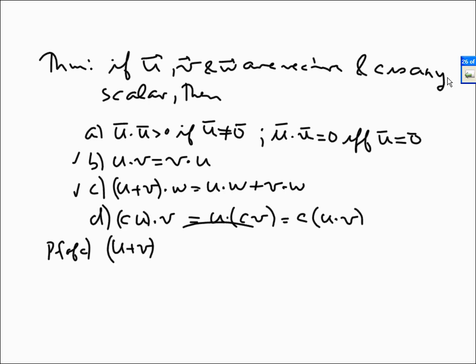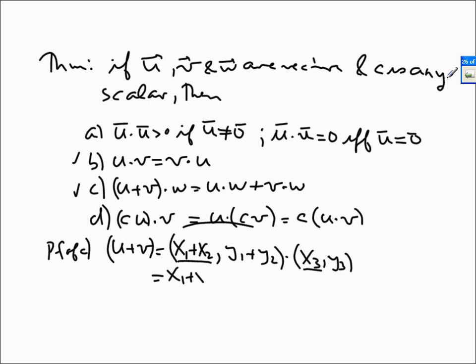u plus v is x1 plus x2, comma, y1 plus y2. And I want to dot this with w, which is x3, y3. So let's multiply the first component.